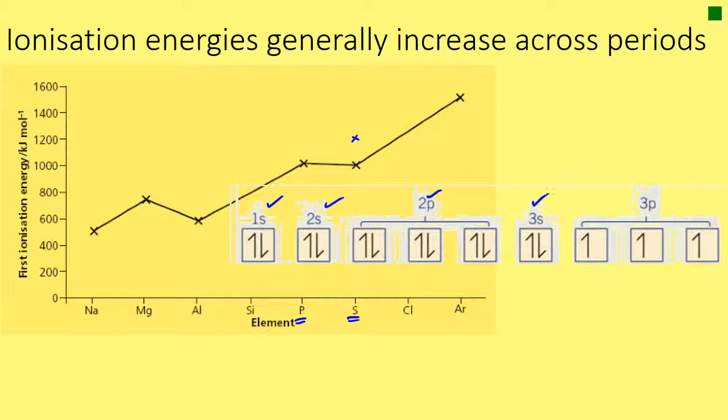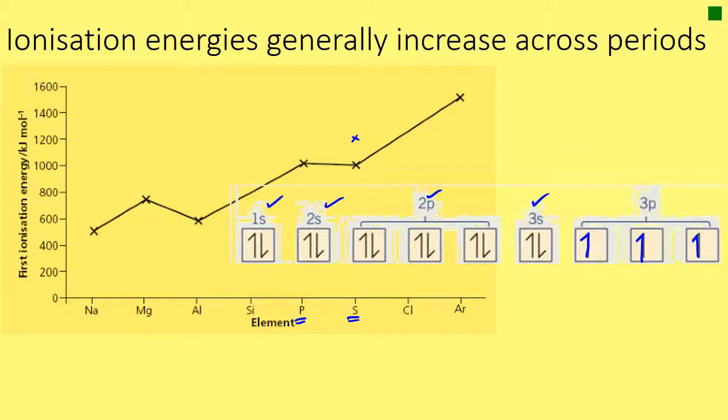The first 2 go into the 3s, and that leaves 3, and as you know we've got 3 3p orbitals. So the first one goes in the first 3p orbital, and according to Hund's rule that you remember, the second one needs to go into the other orbital, and the third one into the third orbital. So as you know, the electrons occupy orbitals singly before they pair up.